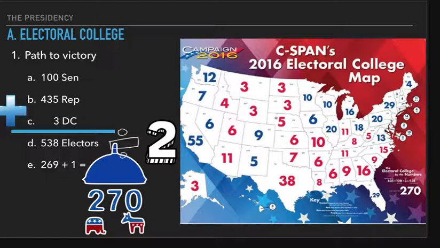So when it goes to the House of Representatives, every state gets 1 vote. All of their representatives will meet together and decide how they want to cast their vote. But who does this favor if it did go to the House of Representatives?